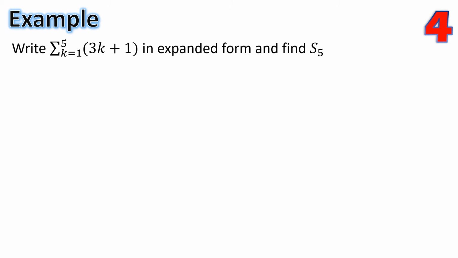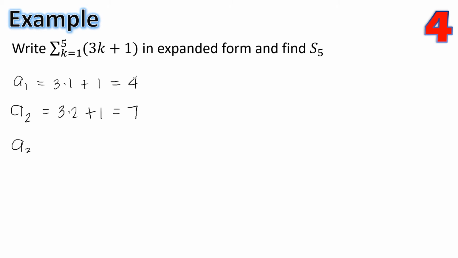To write the summation notation in expanded form, we need to find the first, second, until the fifth term of the series. So to find a sub 1, we substitute k is equal to 1 to the nth term of the series. So that is 3 times 1 plus 1. So the first term is equal to 4. For the second term, we have 3 times 2 plus 1, that is equal to 7.